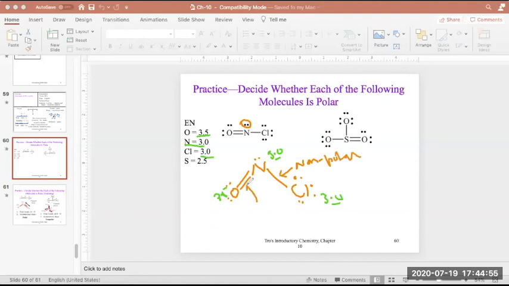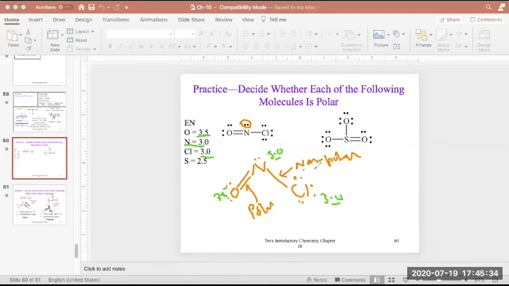But this bond is polar. So there's a special thing in here. Within the same molecule, one of the bonds is non-polar and the second bond is polar. So you can still figure out whether the molecule is polar or non-polar, even though one of the bonds is non-polar, right? To make the molecule polar, you need just one polar bond. It doesn't matter if you have 100 non-polar bonds; if you still have one polar bond within the same molecule, there is still a chance that the molecule can become polar, right?